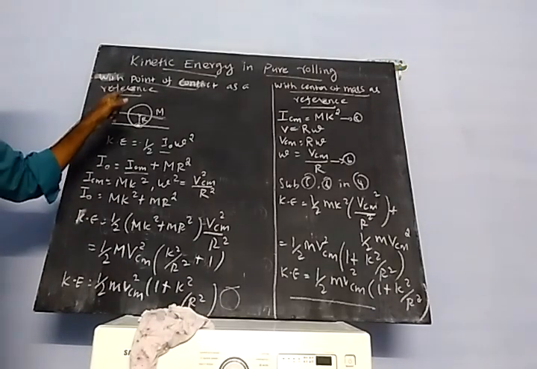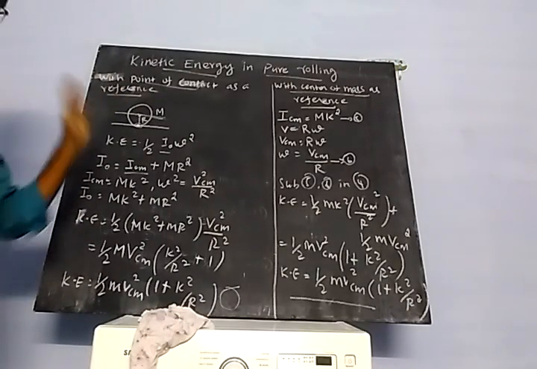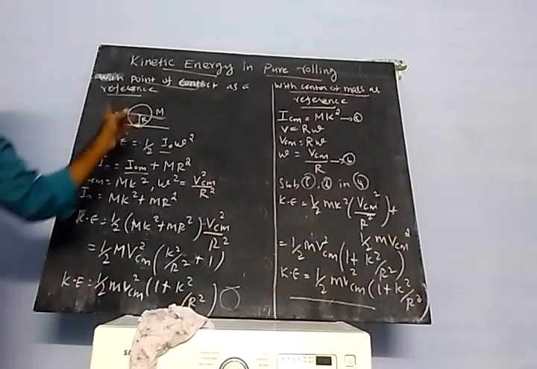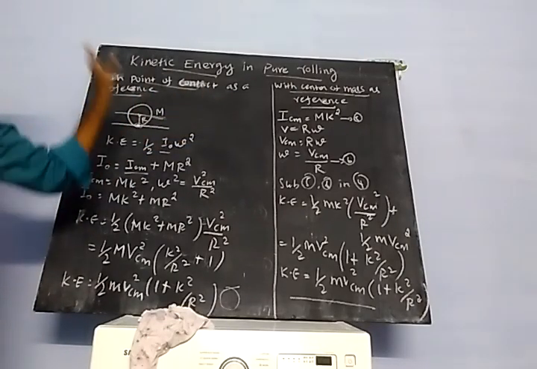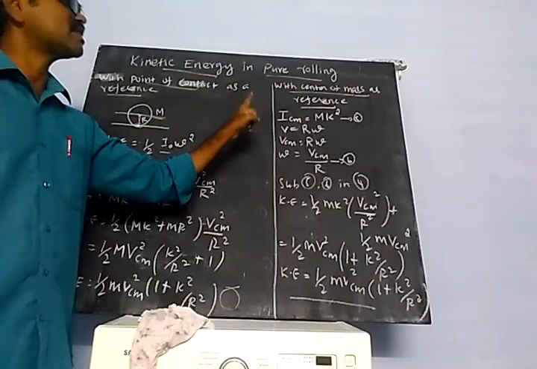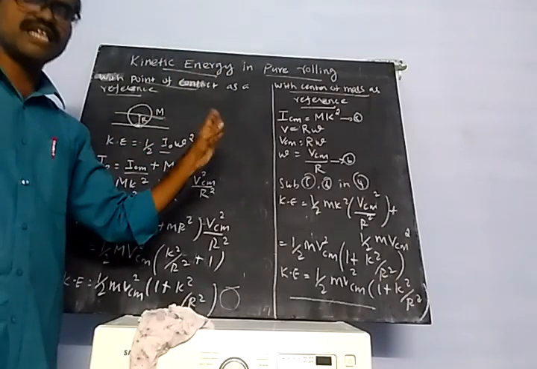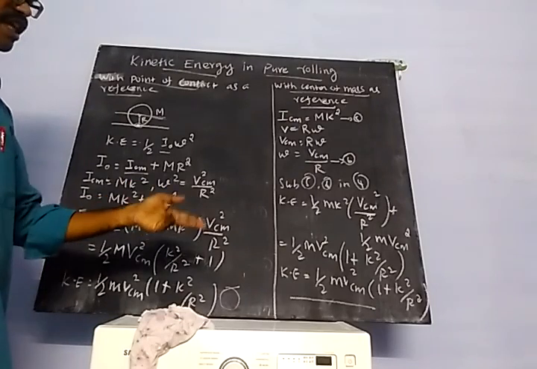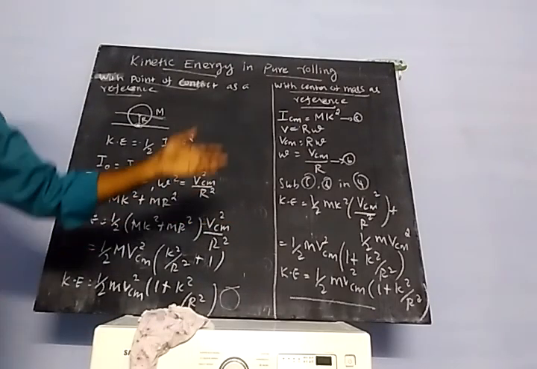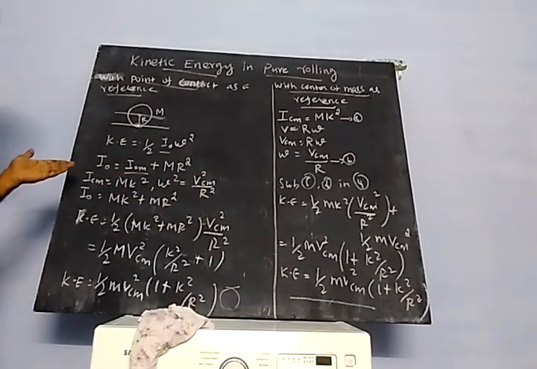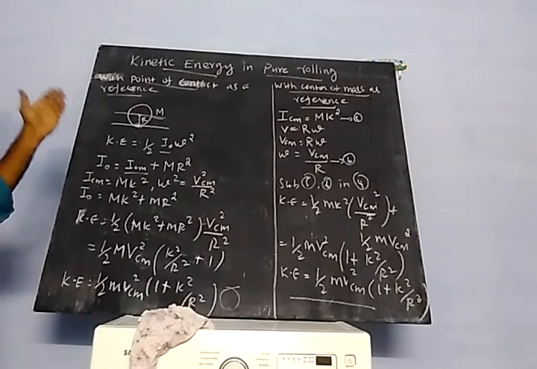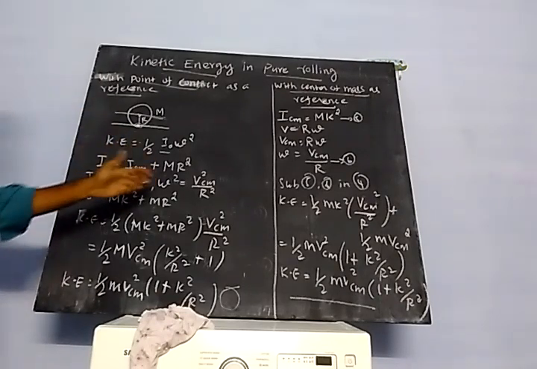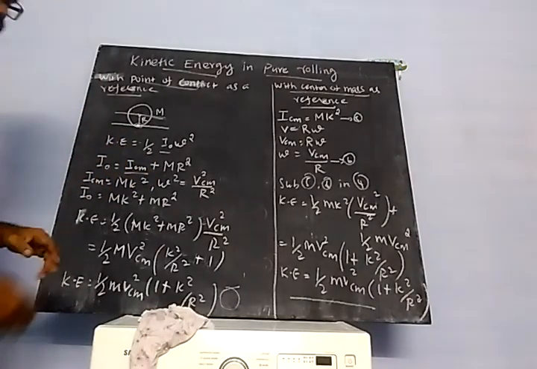If you are solving a kinetic energy in pure rolling problem, you can consider either case. If you consider the center of mass as a reference, that is the combination of rotational and translational motion about the center of mass. Or with the momentary point of contact, it is a rotational motion. Okay, thank you.